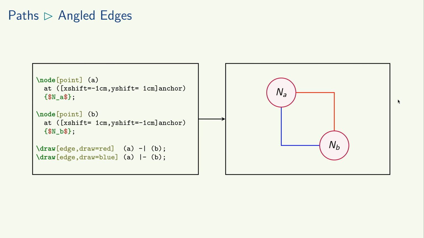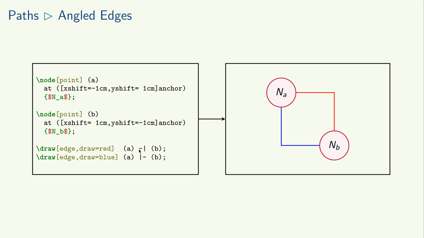Angled edges. Again, we have a point A and we have a point B. And then we draw two edges, one red, one blue. We draw them between A and B in both cases, but we have different line operators or whatever we want to call them here. Here we have the sequence of a dash followed by a bar.